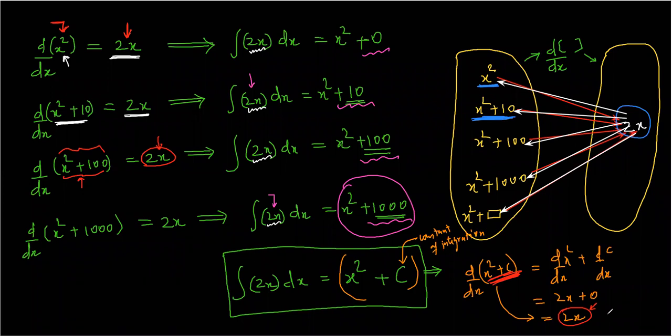Now let's move ahead. So what I will do now, I will write the complete definition. Whatever I had written earlier, I will write that definition once again, and I want you all to copy this.